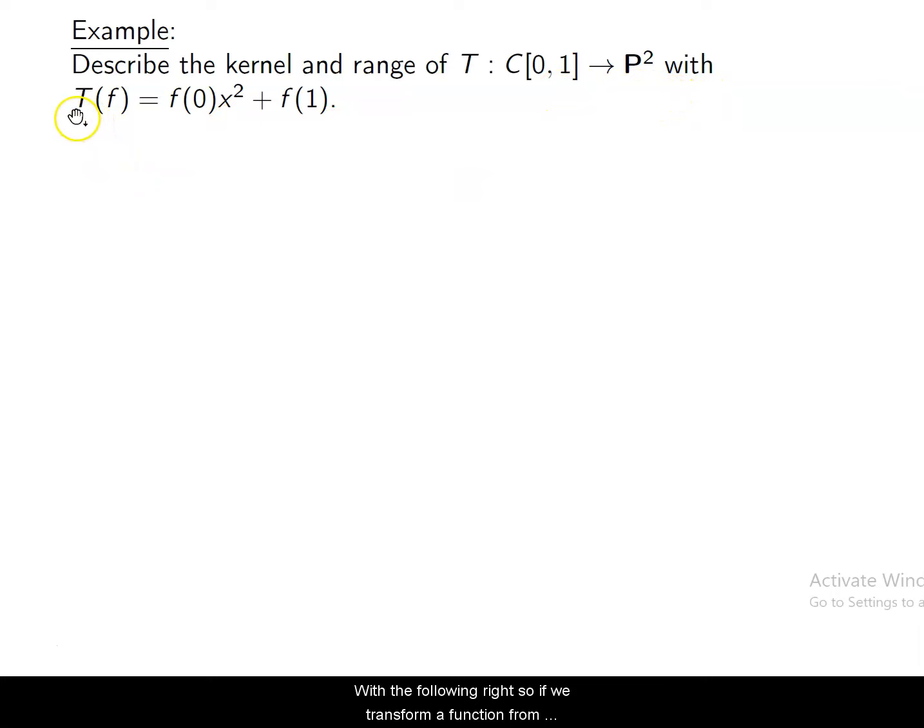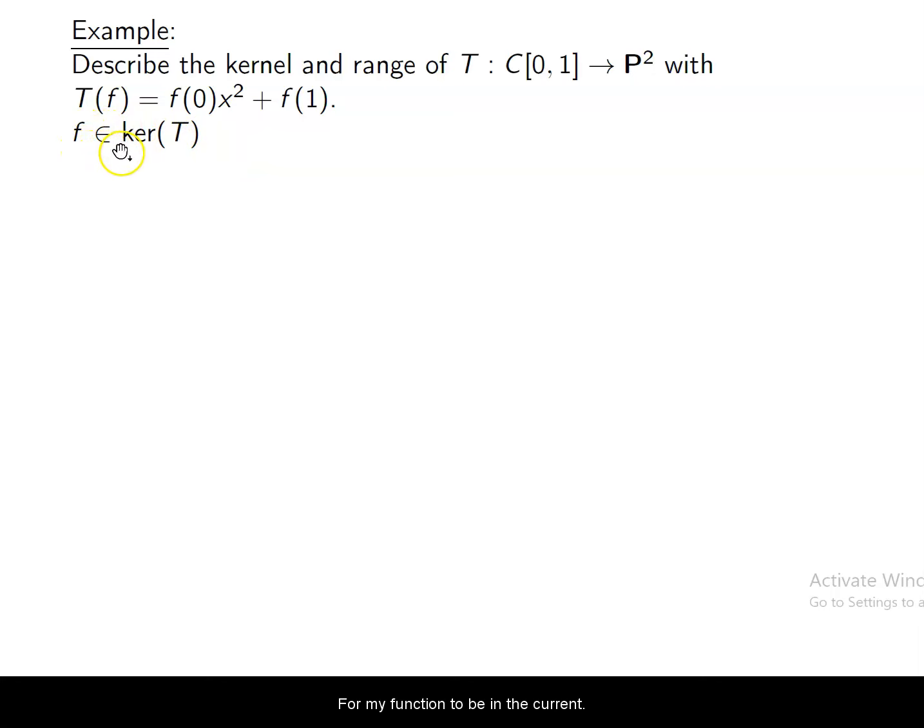So if we transform a function from the smooth functions on 0 to 1, we will get f of 0, that function evaluated at 0, times x squared plus that function evaluated at 1, right? So remember, these are going to be constants. If I evaluate a function at a point, I get a constant out, right? So this is basically some constant times x squared plus some constant, right?